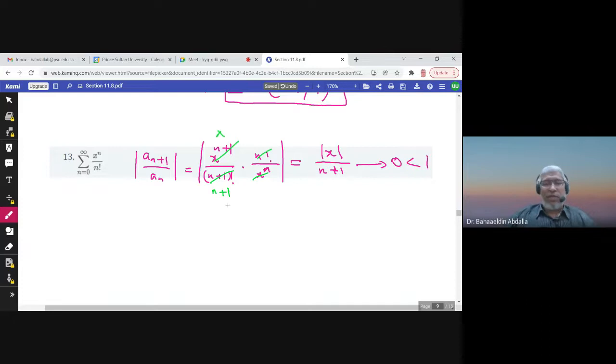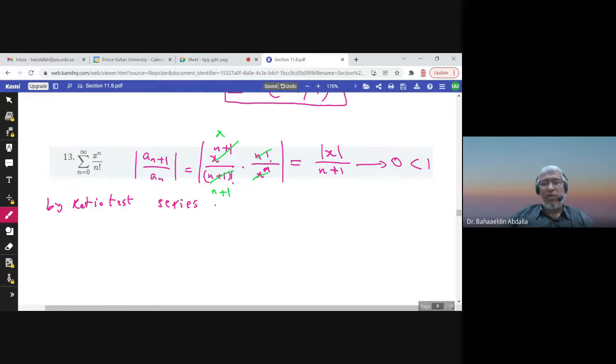And 0 is less than 1. I can say by ratio test, yeah, this is less than 1.